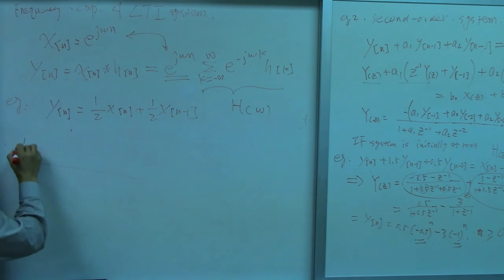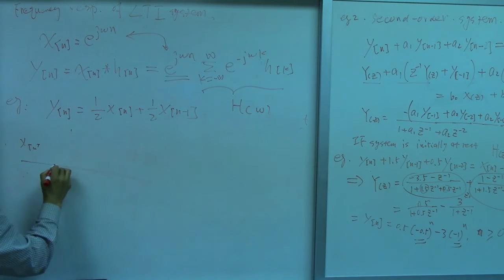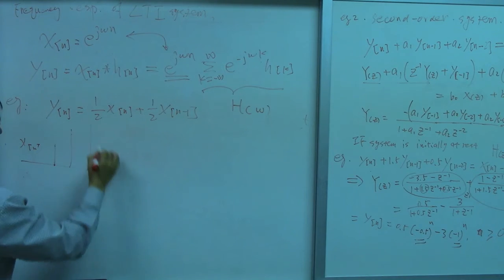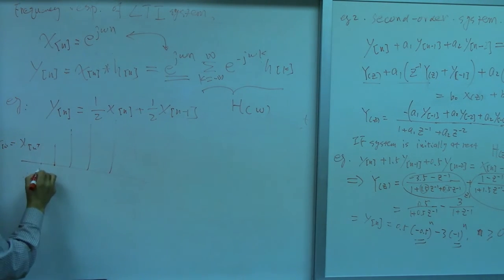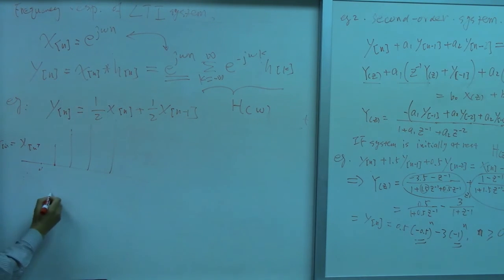Suppose the input equals 1, 2, 3, 4, so on, this one equals r[n]. It is 0 here. What is the output? For the moving average, here we don't have any value. What is the output when n equals 1?